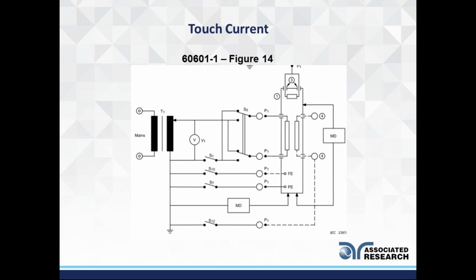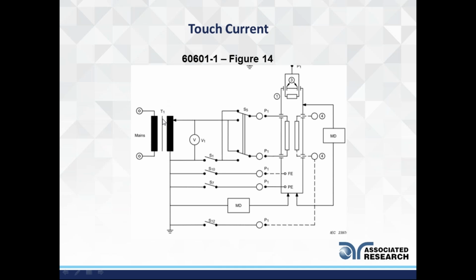Now, I give credit to compliance engineers if they can read this diagram and set up your test without asking any questions, because there's a lot going on here, and that's why we provide these webinars, because we want to make sure all these details are clear.